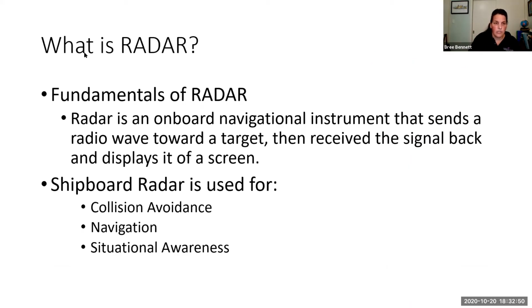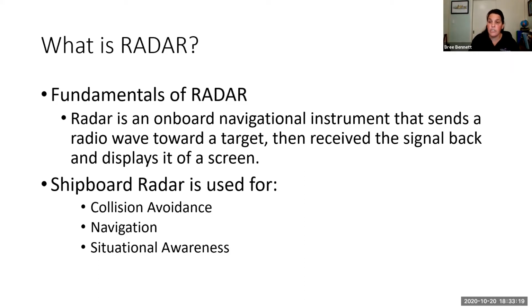Okay, so what are the fundamentals of a radar? On board, it's an instrument that we use for collision avoidance. That's having us not hit other vessels out there, whether they're stationary buoys, moving commercial vessels, small skiffs or sailboats.